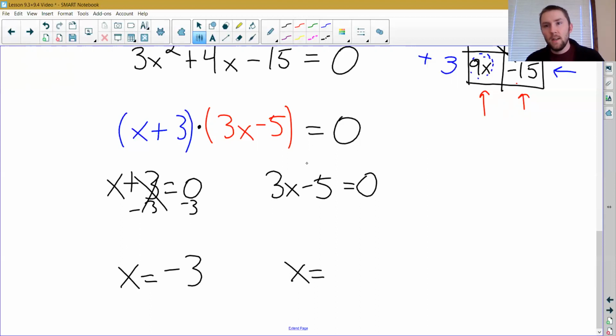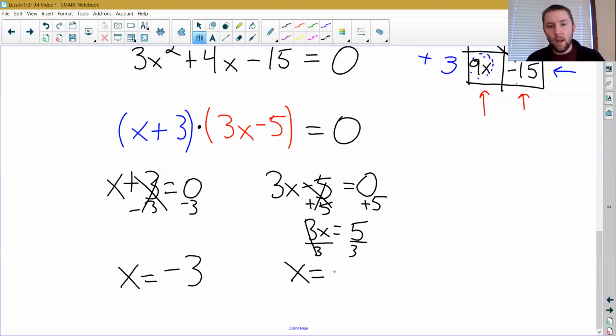For this equation that came from this factor, I'm going to first add 5 on both sides, and I'm going to get 5 on this side. That's going to go away, and the other side's going to say 3x. Then I'm going to divide away the 3, and this fraction cannot be simplified or reduced, and I can't do 5 divided by 3 very nicely.